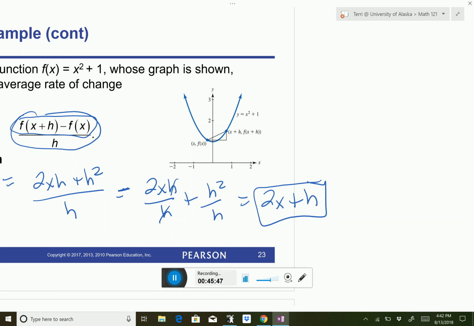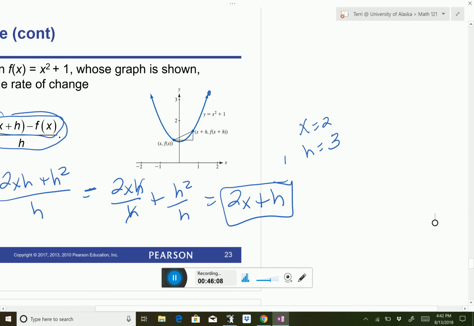I can say, well, what about from 2 up to, let's pick a bigger one, up to, say, way up here at 5, what would the average be? So between 2 and 5, I'd have x equals 2. What's the difference between 2 and 5? It's 3. So I would know that the average rate of change is 2 times 2 plus 3, which is 7.